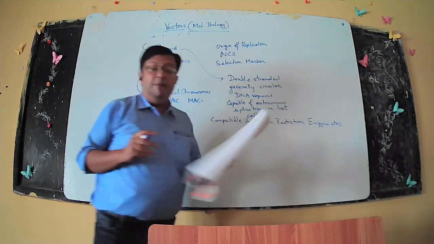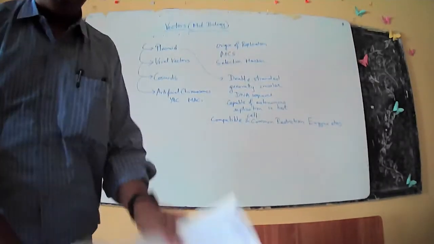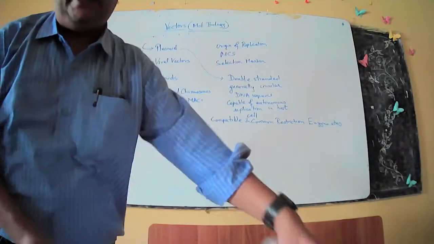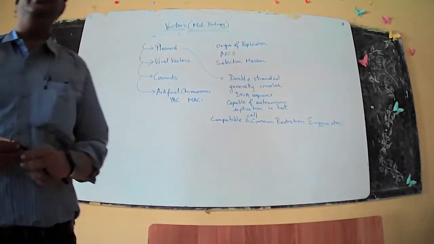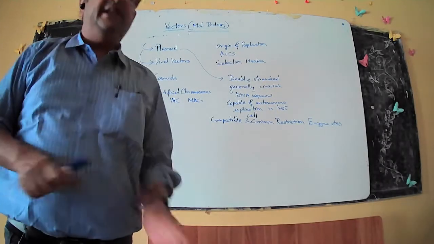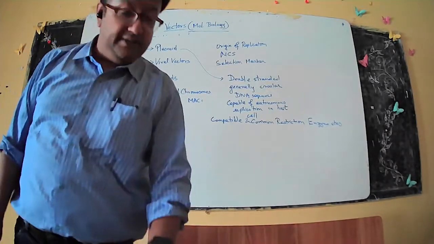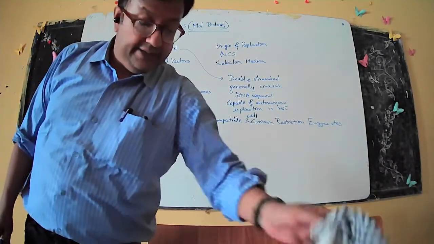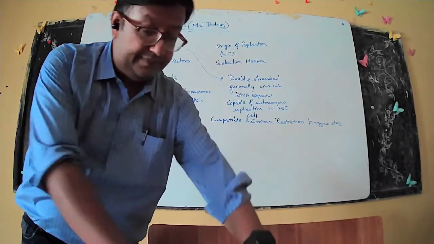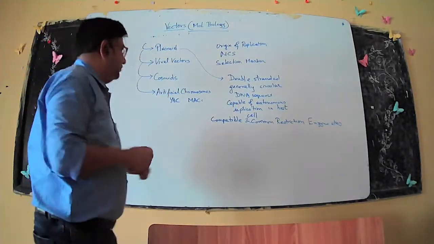If there are no compatible and common restriction enzyme sites among the normally available restriction enzymes in the market, then how will you put the insert inside? You need to find them. Then there are a lot of drawbacks which we will talk about next day.